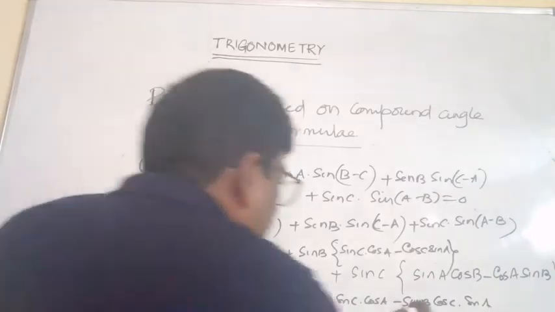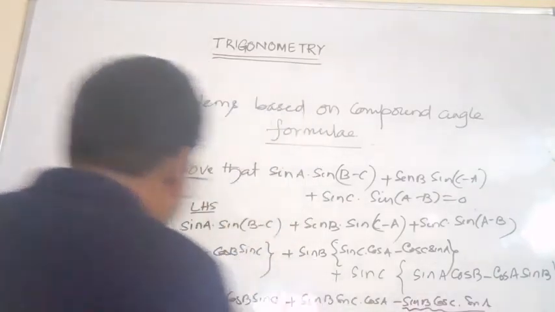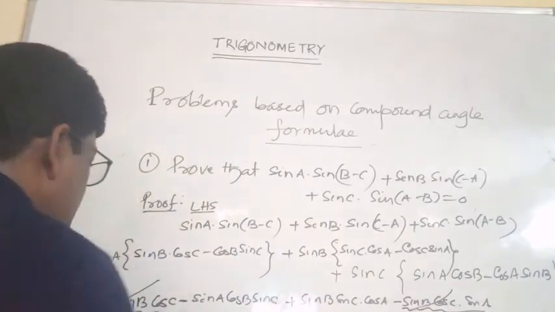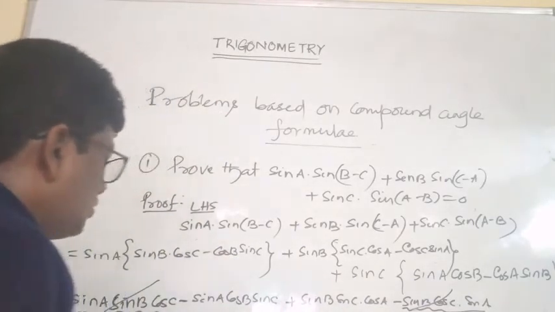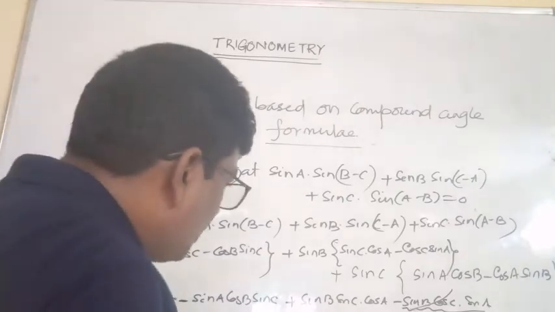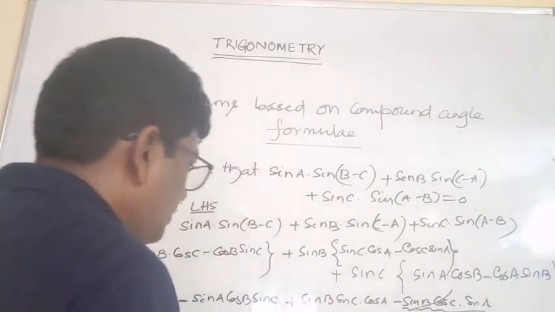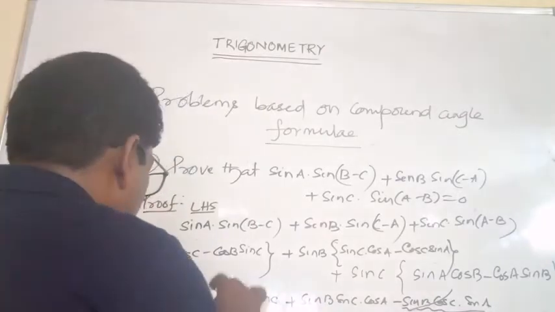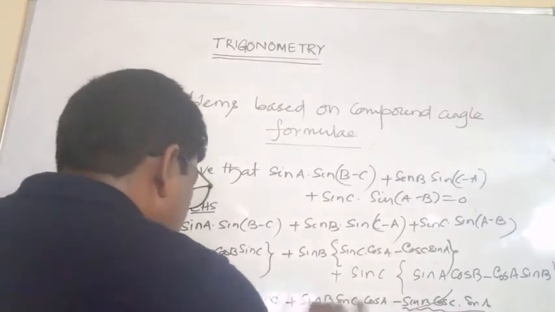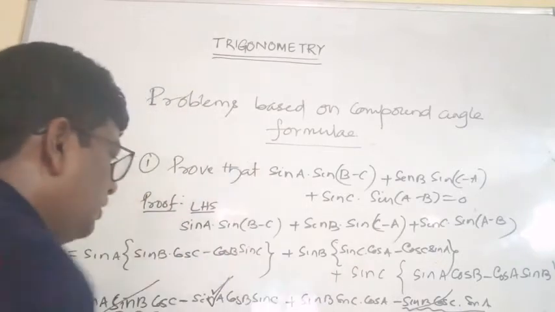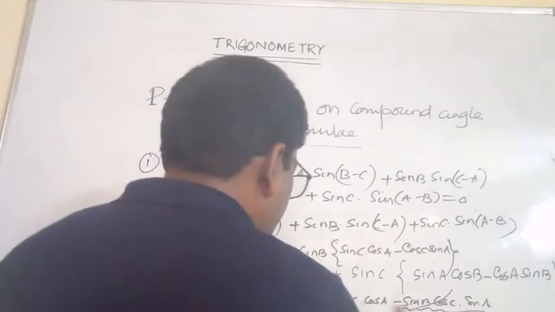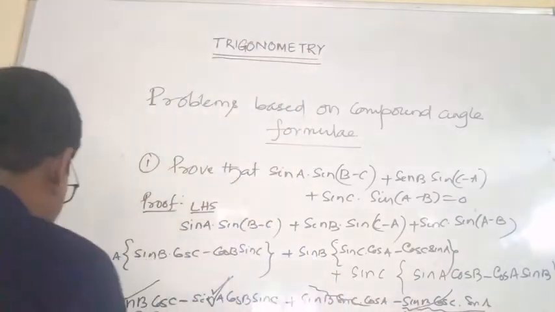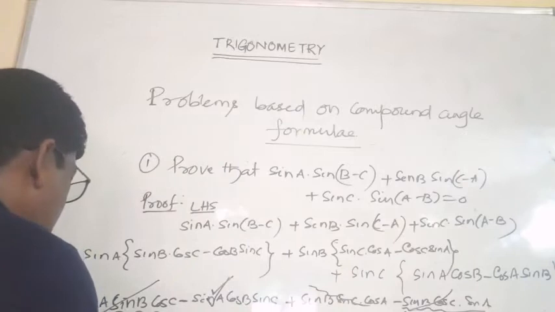This and this cancel. Minus sin A cos B sin C and sin A sin C cos B is present, so this term cancels. And the remaining sin B sin C cos A terms cancel. So what is the answer? 0, which is equal to the RHS.